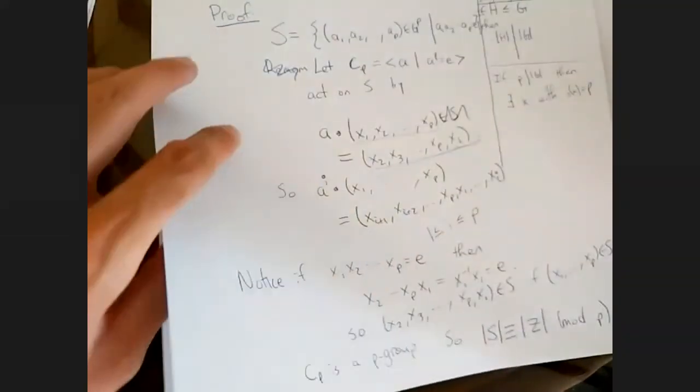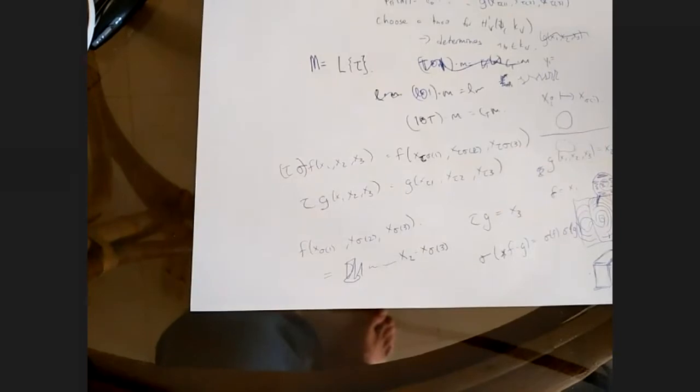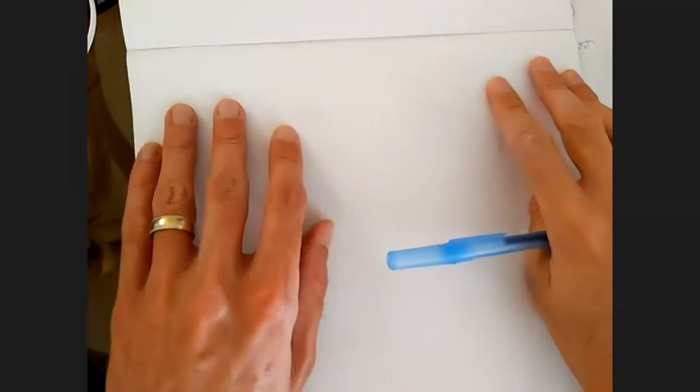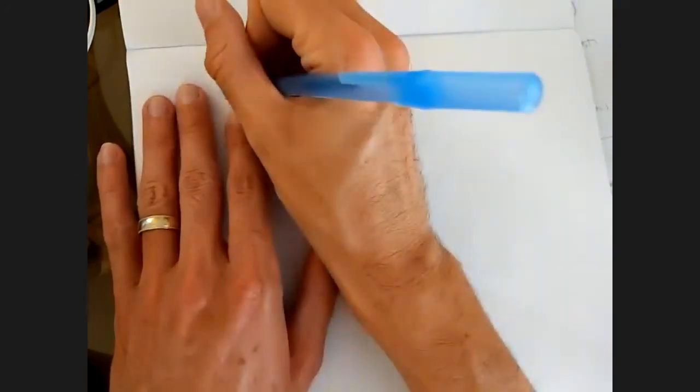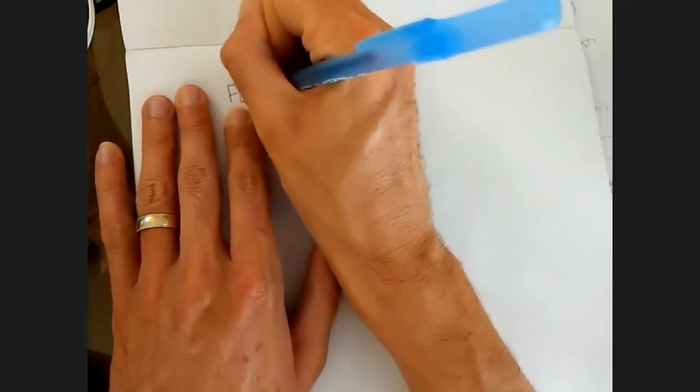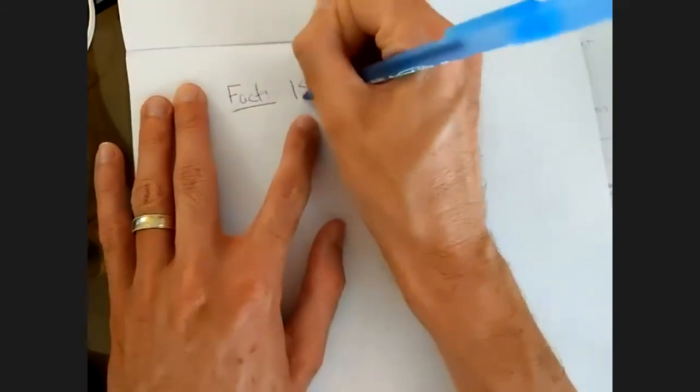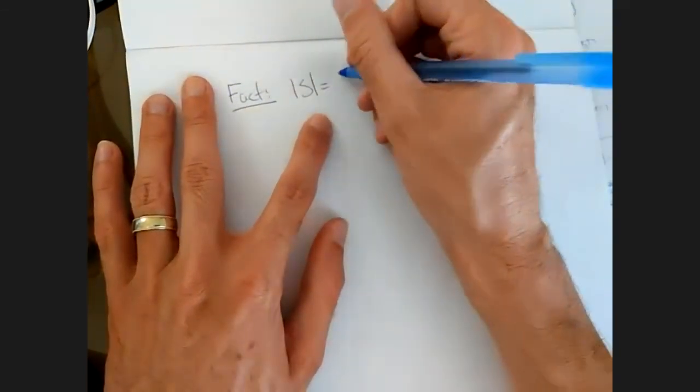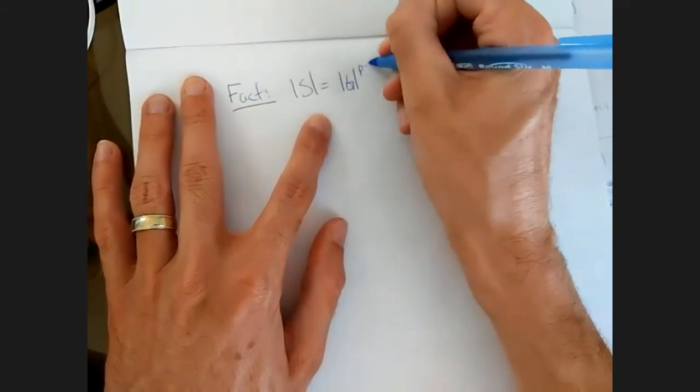And then here's where I'll start leaving things for you to do on the assignment. So what we have now is, I'll just state as a fact, the number of elements of S is the number of elements of G to the p minus 1.